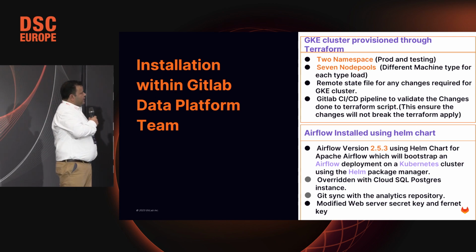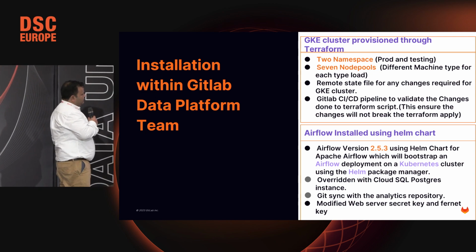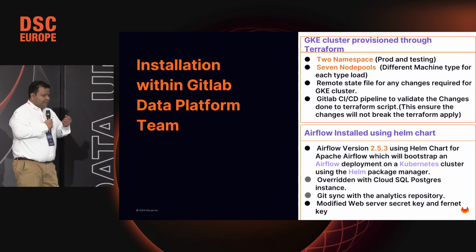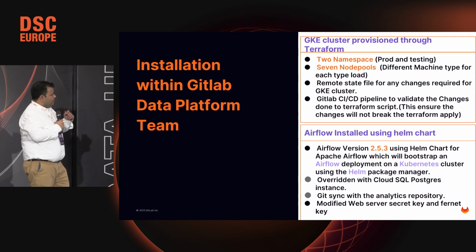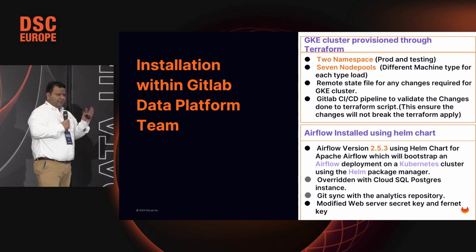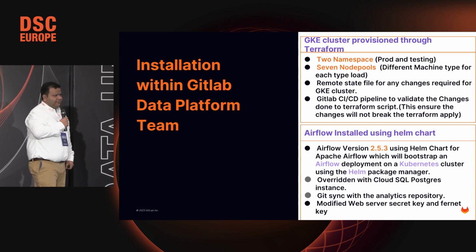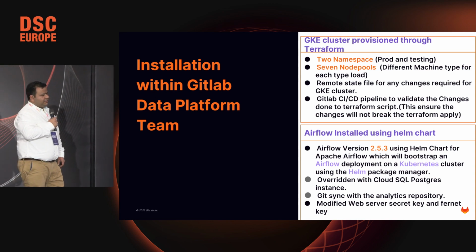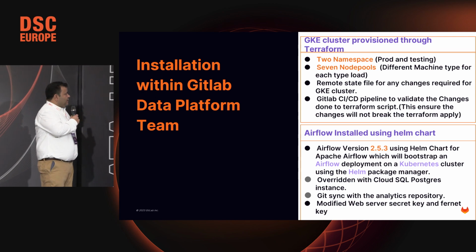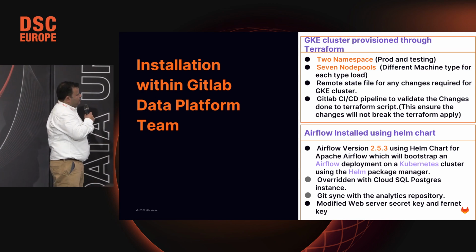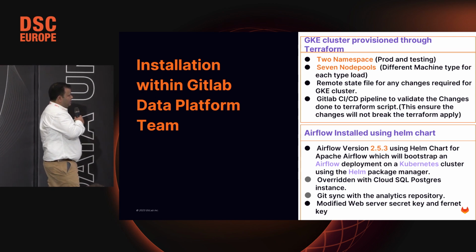Remote state for any changes required for the GKE cluster. As said earlier, we maintain our state file in the GCS, which is properly secured and safe, not open to the public. And that helps us maintain version control of the whole GKE infrastructure as well. The GitLab CI/CD pipeline validates the changes done to the Terraform script.